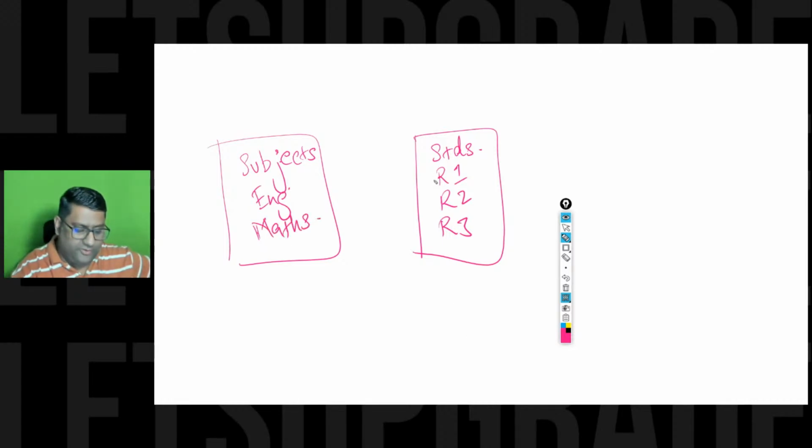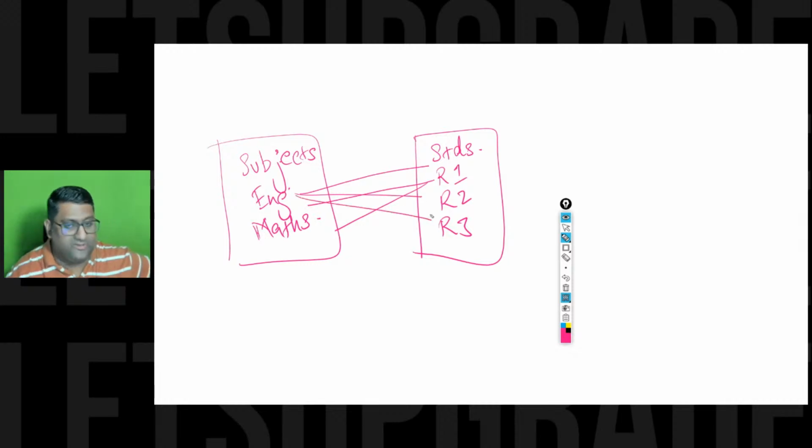Now the student with roll number 1 will study English and maths as well, and English will be studied by roll number 1, roll number 2, and roll number 3 as well. So this is a typical example of a many to many relationship, but handling this becomes very tough.